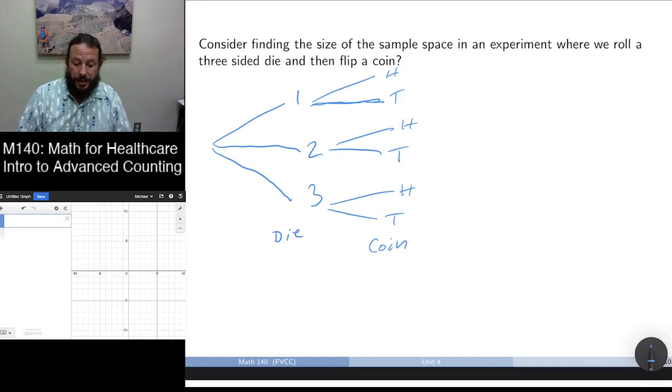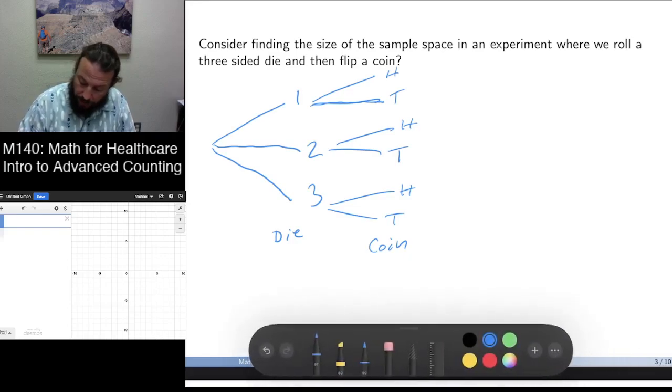What do we see here? Let's say this path here, what's that event? We think of that as 1H, and by the way, that would be something in our sample space. So our sample space here has 1H in it. What else does it have?